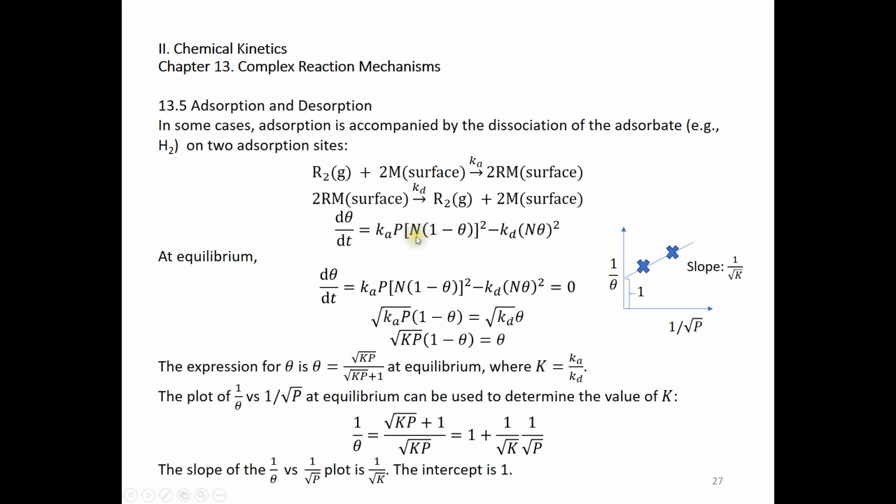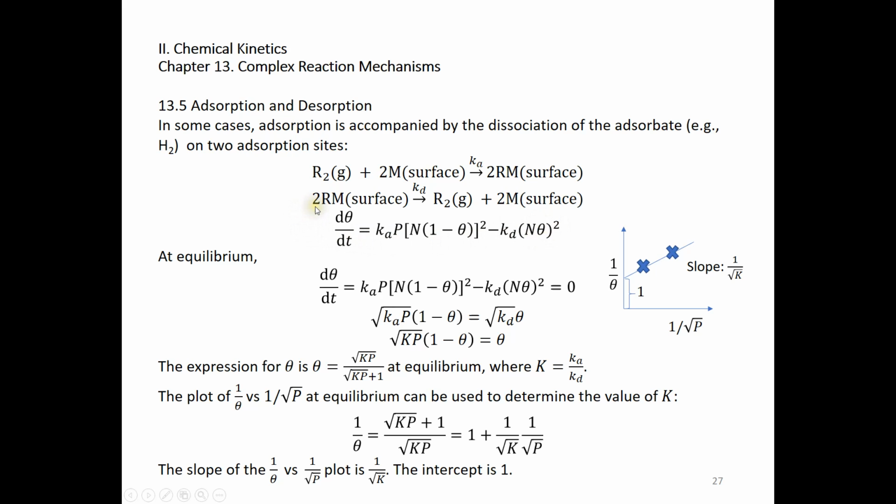The adsorption rate is the rate constant times P, which is the pressure of this R2, and then times, because there's a coefficient 2 here, the number of unoccupied sites squared. And then over here it's k sub D, the rate constant, times the occupied sites, theta squared.